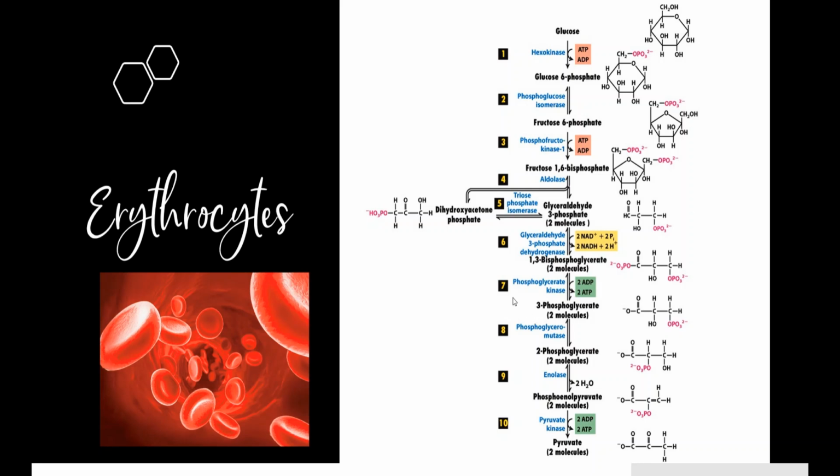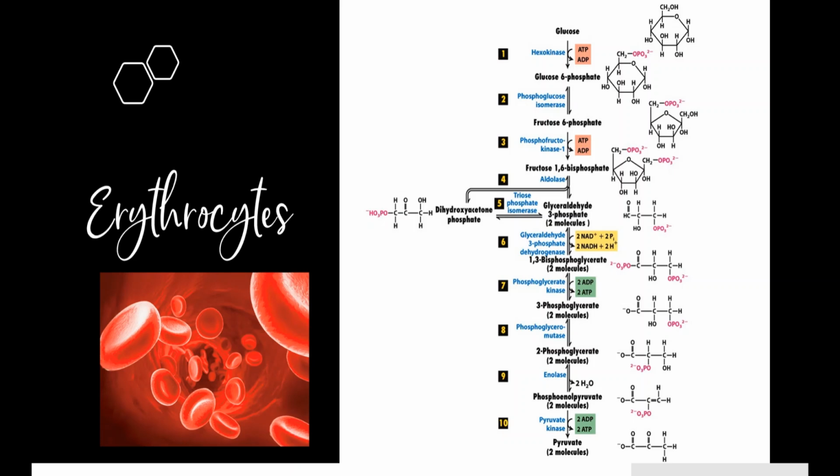Now, in your biochem, you have already discussed the different changes that occur to the glucose molecule as the glucose is metabolized in order to generate ATP. Okay. Glucose is the only carbohydrate that is readily metabolized by your RBC.